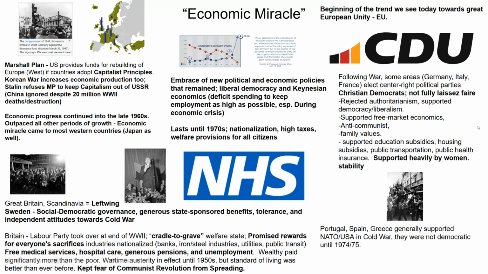So these Christian parties, while conservative, and having grown more right-wing over the years, are still technically supportive of some left-wing ideas. Again, public health insurance, public transportation, and housing, things that left-wing parties support today.